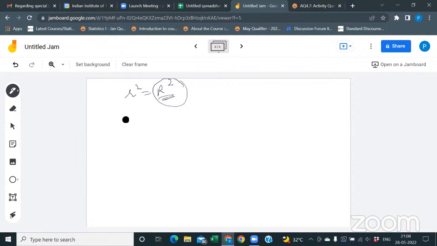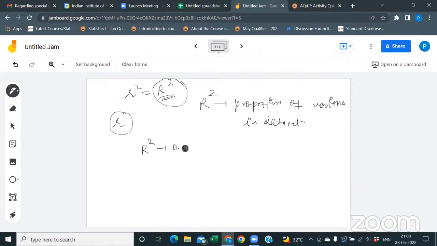See, association is small r, right? Capital R square, sir. That's the thing I'm trying to explain. What is capital R square? Capital R square is nothing but the proportion of variance in your data set. Suppose your R square is coming out to be 0.50.